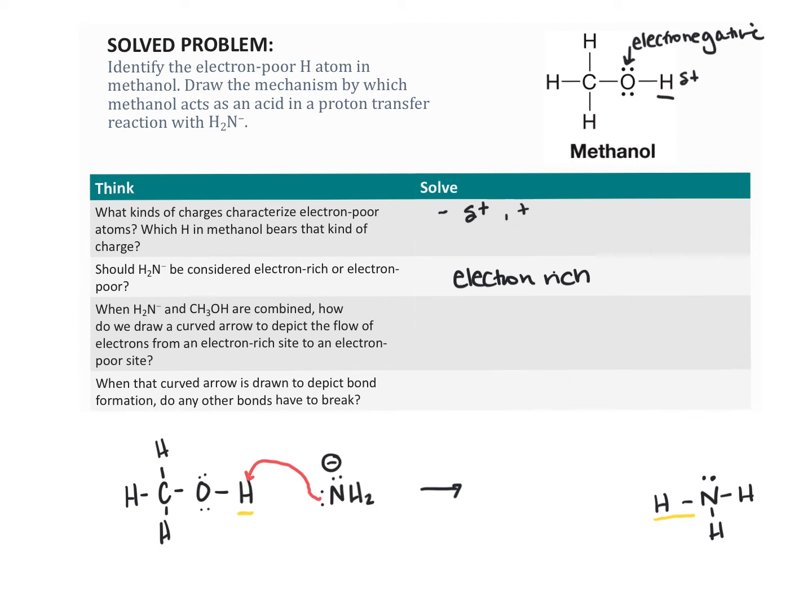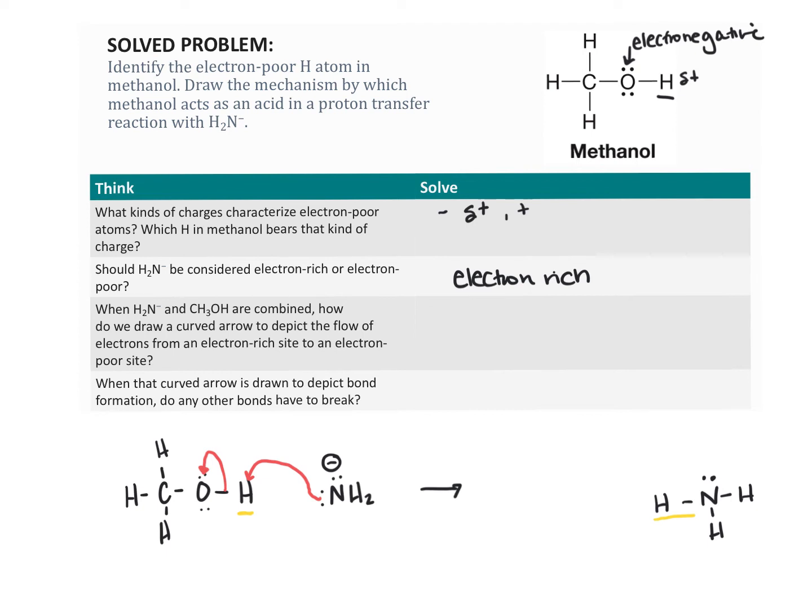So we've drawn the first part here, and we formed this new nitrogen-hydrogen bond. The second question that we need to ask ourselves is, when that curved arrow is drawn to depict bond formation, do any other bonds have to break? When this hydrogen gets pulled over here, this bond breaks, and those electrons go here on the oxygen.